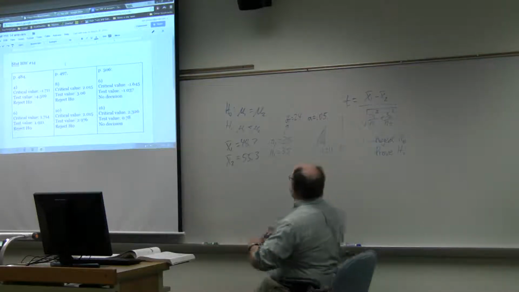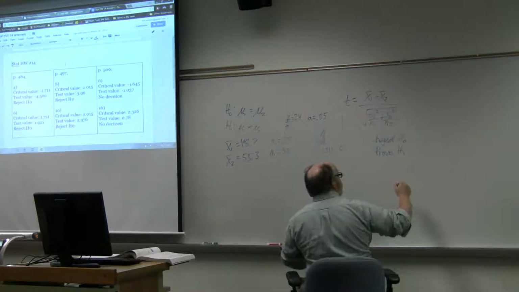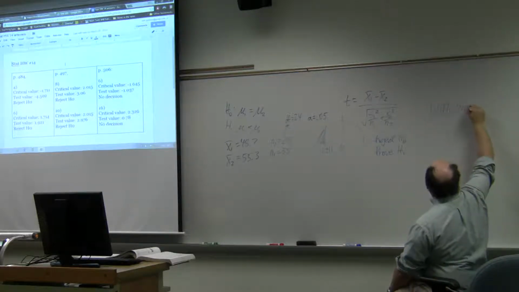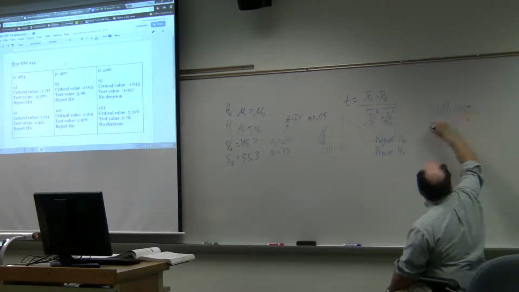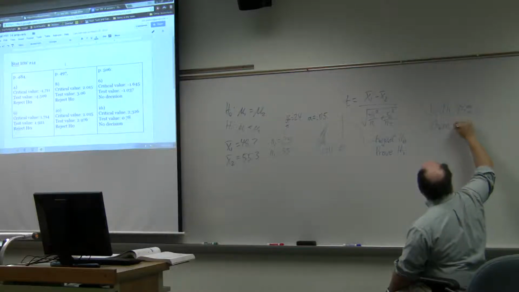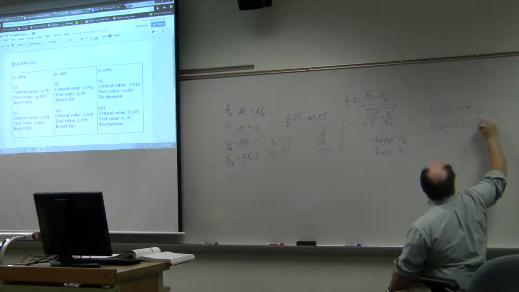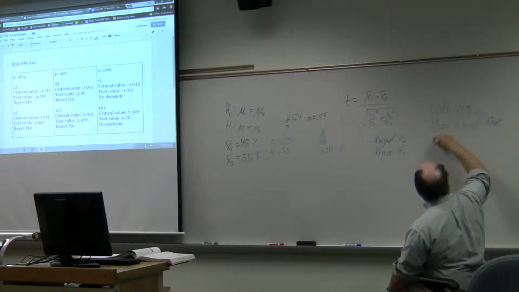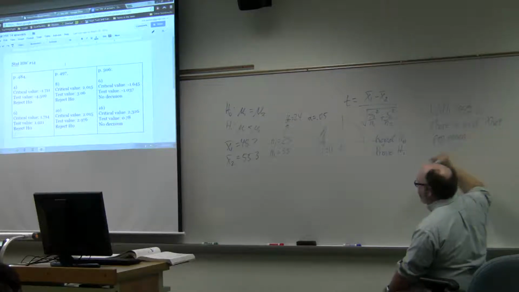Okay, so we say, with 95% confidence, there is evidence that the population mean, that's what we're measuring.